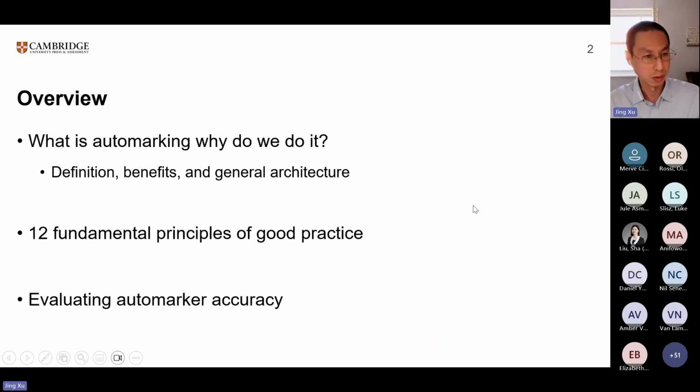This is the structure of the presentation. I'm first going to talk about what automarking is and why we do it. The main part of this presentation is about the 12 fundamental principles of good practice for using automarking in language assessment, which is also the backbone of the white paper we published. The third part is about evaluating automarker accuracy.